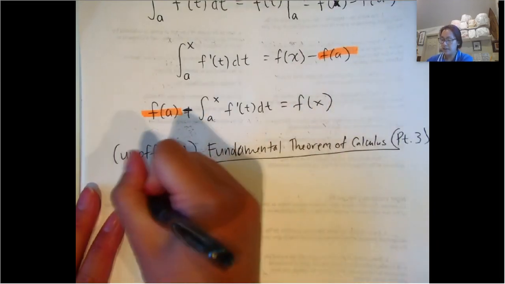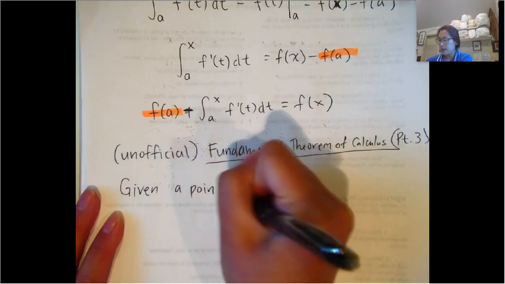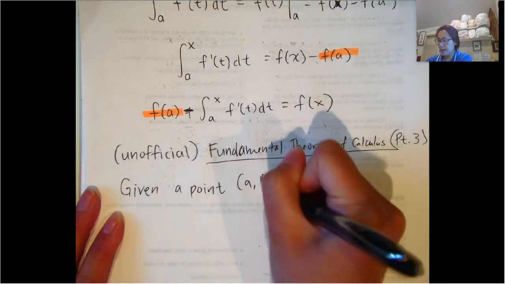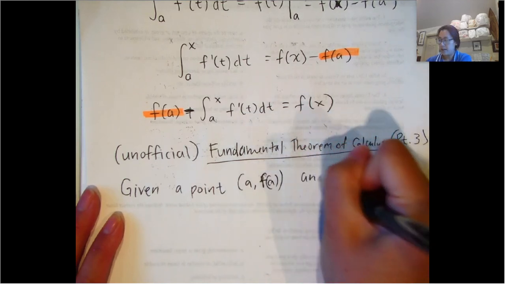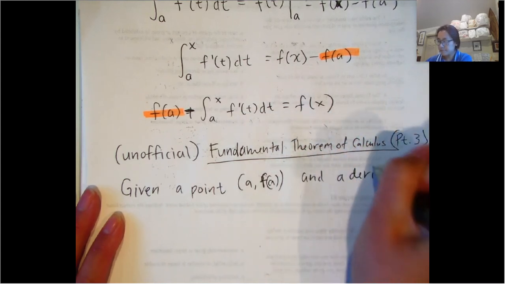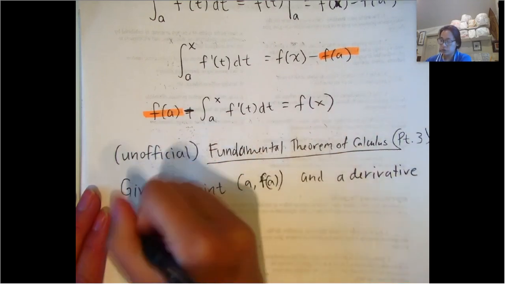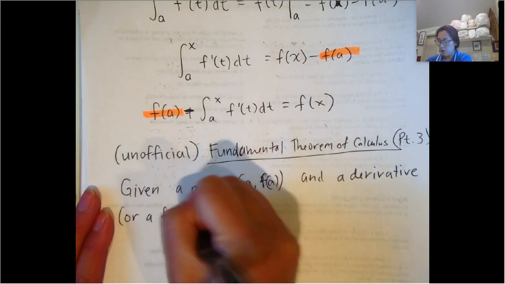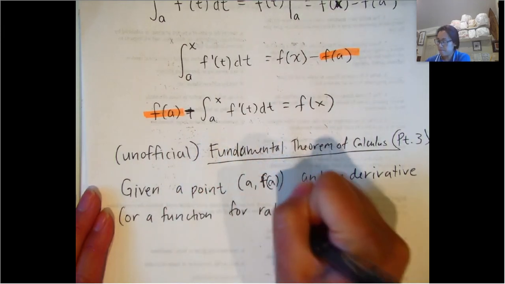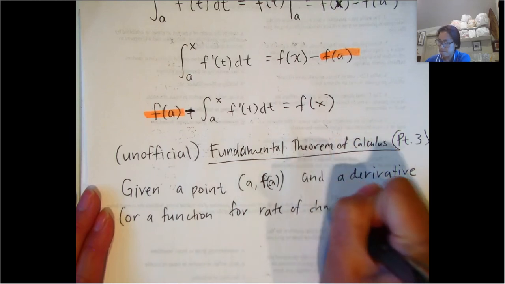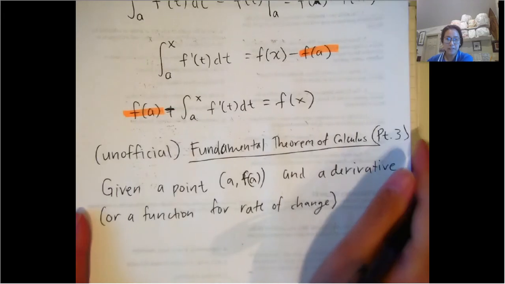And what this theorem says is given a point, a comma f of a, and a derivative, or a function for rate of change. So rate of change means derivative.